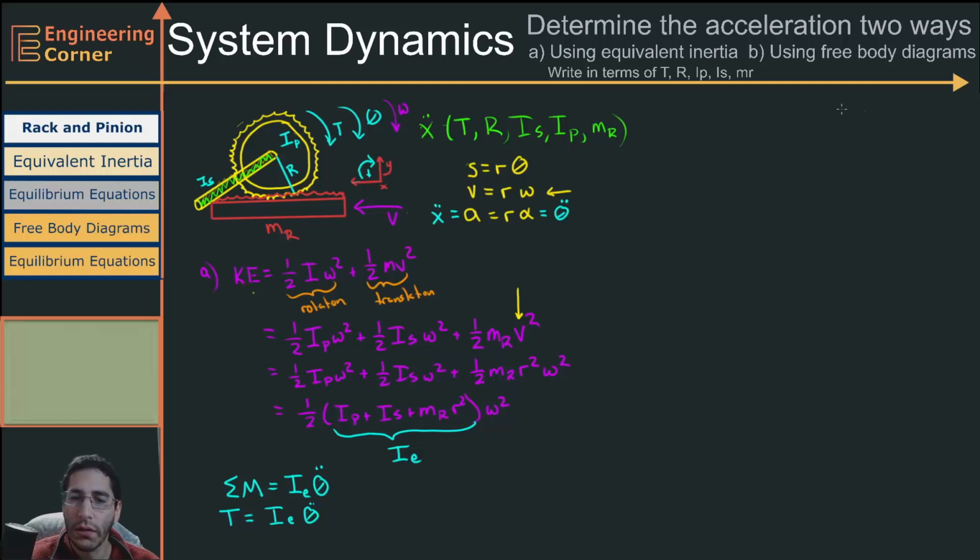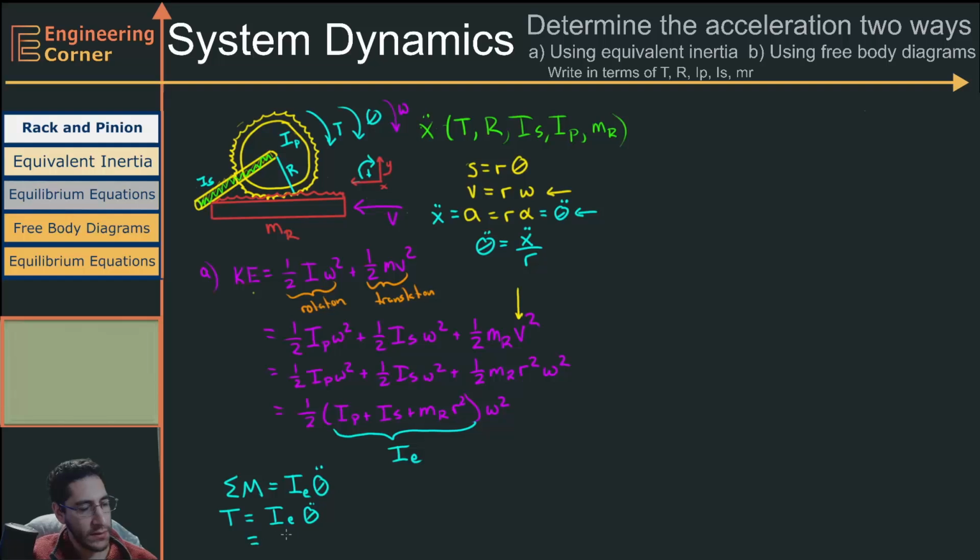Now, I don't want to express this in terms of theta double dot. I have an equivalent expression right here where theta double dot is equal to x double dot over r. So my angular acceleration is equal to my acceleration over r.